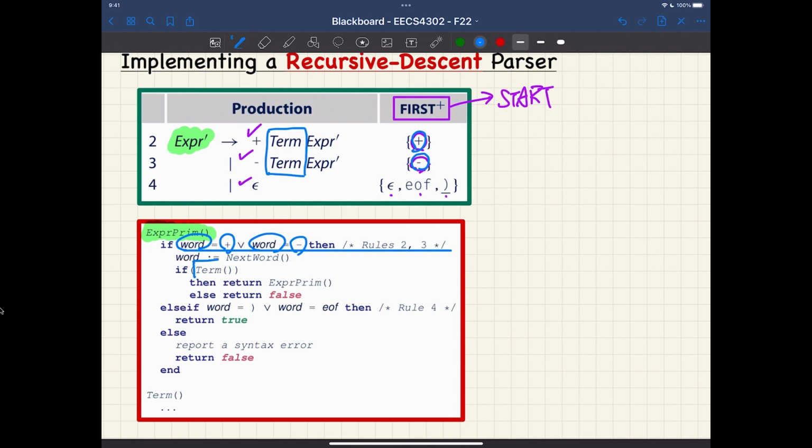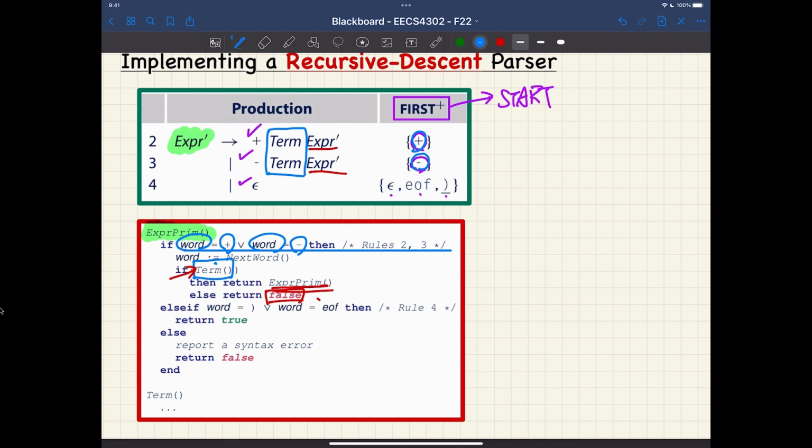That's why you see the term. Whatever is returned back from the term, if matching the term actually succeeded, we're going to try to match expression prime, the next. Otherwise, it would be a failure. We could basically just follow the rule. You can see the way to implement this rule is actually very tedious. That's why a parser generator like ANTLR 4 can generate stuff like this for you. But you ought to know the theory behind.